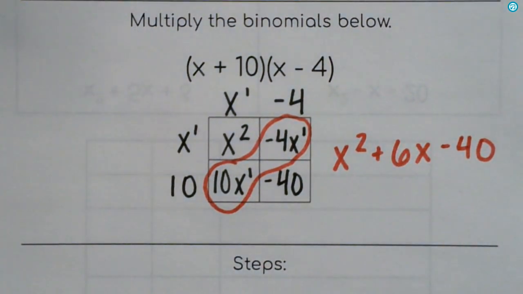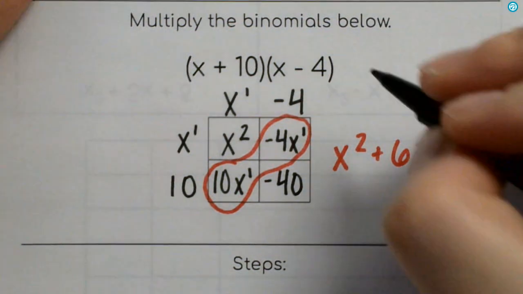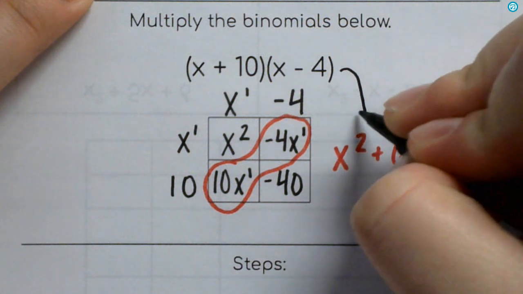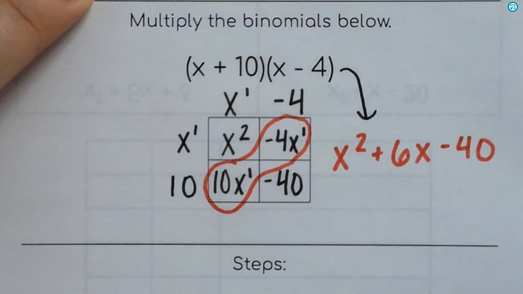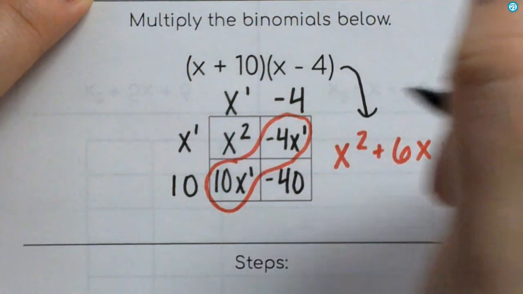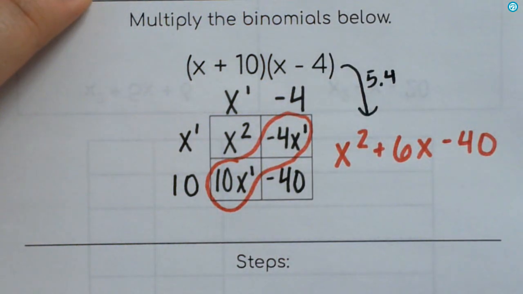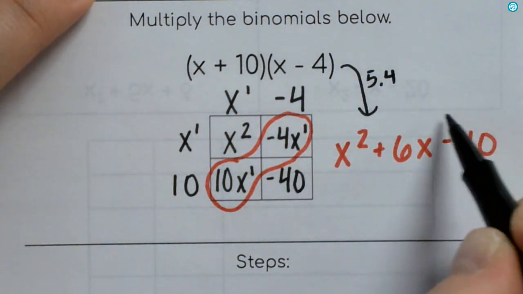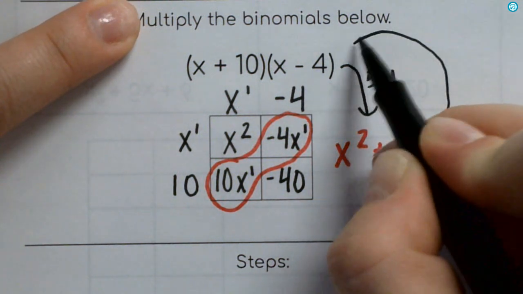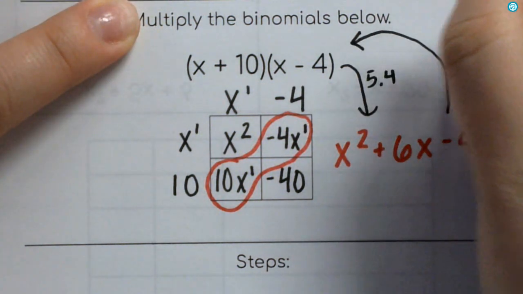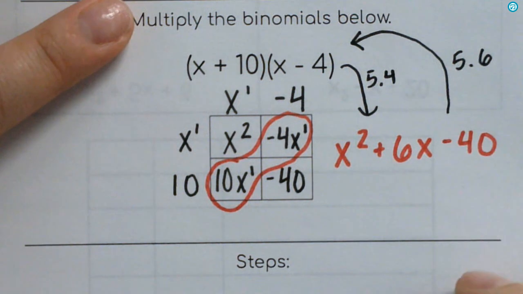Hey, so this is what you did in 5.4. You took a problem that looked like this, you multiplied it out and got a problem that looked like this. That's what you did in 5.4. What you're doing today in 5.6 is you're taking this problem and you're getting it back into this form. That's what you're doing today in 5.6.